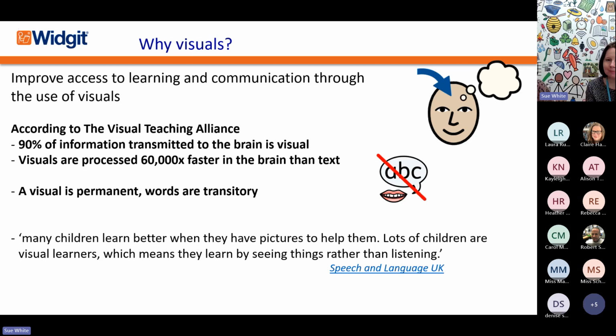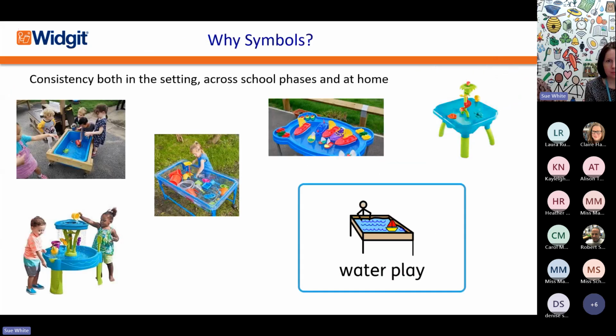And the quote there from Speech and Language UK, previously ICAN, again, we're all very familiar and aware that children, particularly young children, are very visual learners, and so the importance of using symbols, particularly in early years settings.